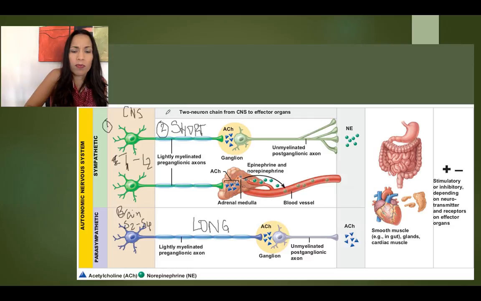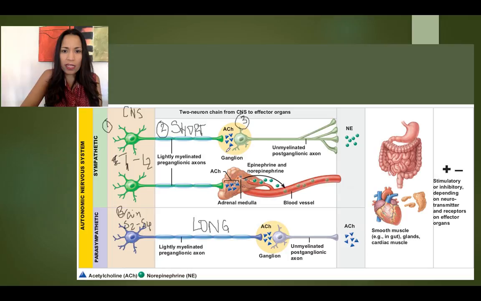Okay, this is the first structure, preganglionic neuron. Number 2, preganglionic fibers. Number 3, the ganglia. Where are the ganglia located? Well, in the sympathetic nervous system, remember we have the sympathetic chain ganglia and the collateral ganglia. They are located on either side and in front of the vertebral column. And the other modified ganglia is the adrenal medulla, located on top of the kidneys, and the kidneys are located right in front of the spinal column and to the sides of the vertebral column.